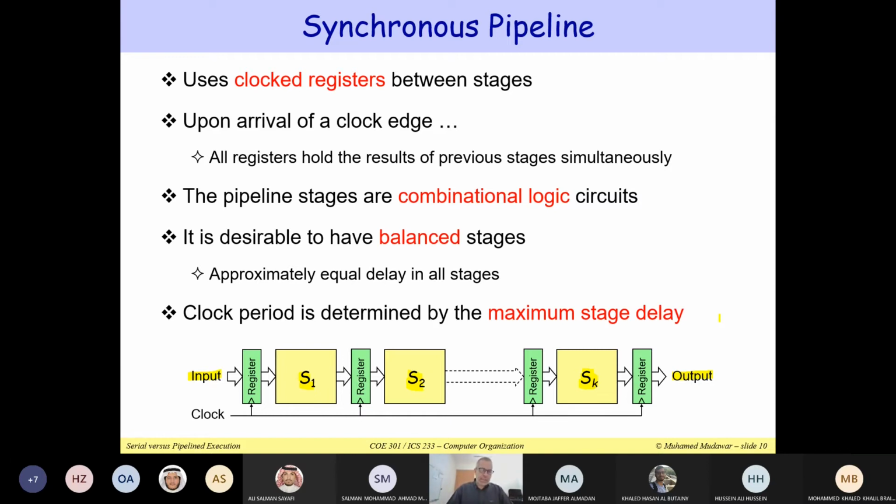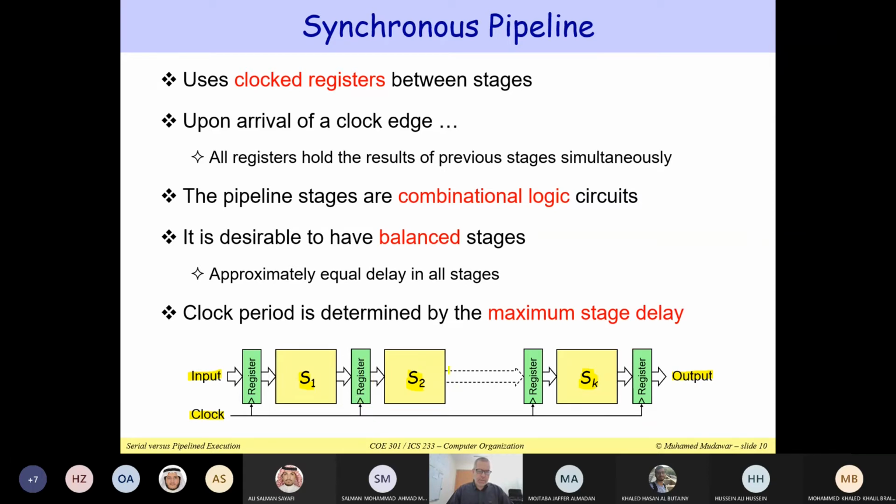Now notice that all of these registers are clocked. The clock is connected and is used to synchronize the operation of the pipeline. It is connected at the clock input of all these registers. So at the same edge of the clock, all of these registers update their state or their values. The output of S1 will be stored inside the register at its output.